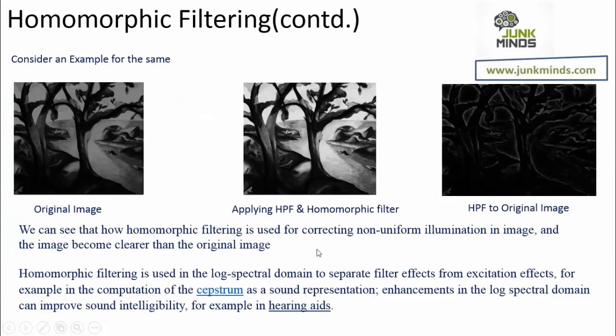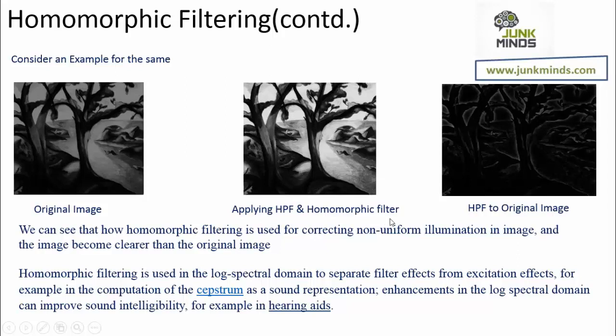Now consider this example. This is the original image, which you can see is not so clear. The image on the extreme right is obtained by applying only a high pass filter. You can see that the last image is not very clear, whereas the middle image is after applying the high pass filter and the homomorphic filter.